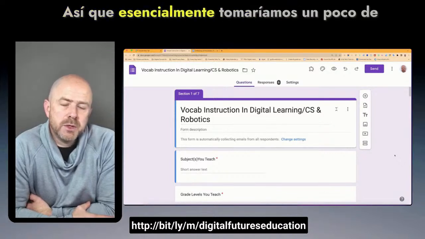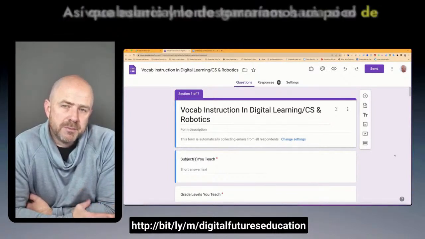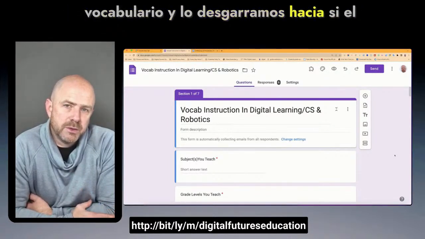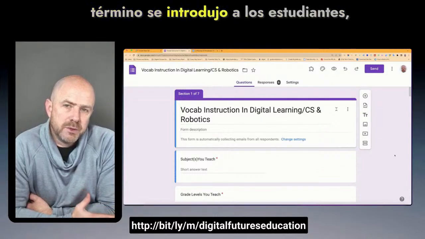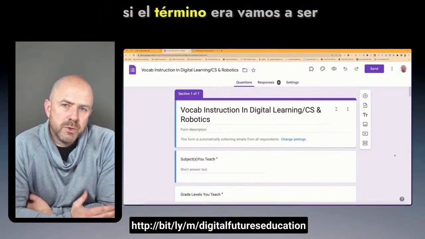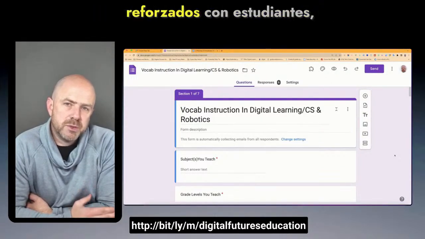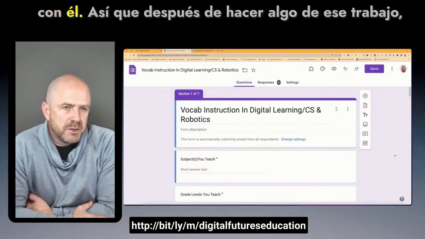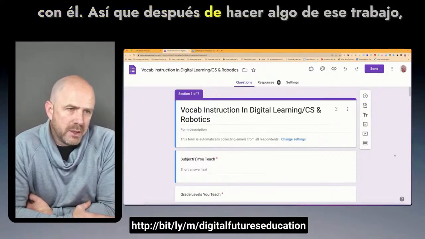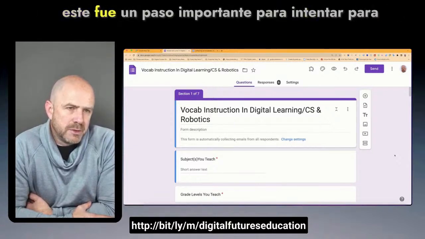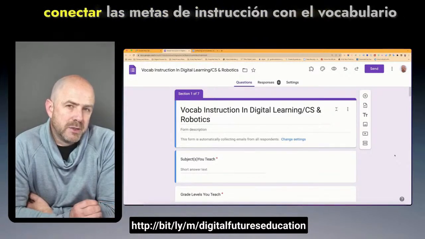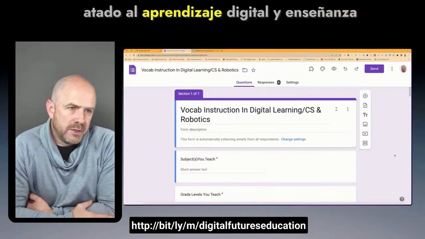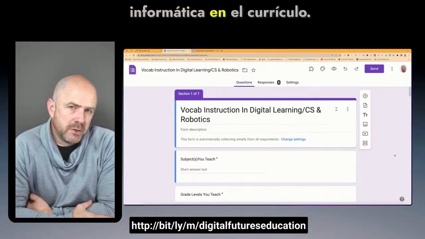Essentially, we would take some vocabulary and tier it towards whether the term was introduced to students, whether the term was going to be reinforced with students, or we were asking students to reach mastery with it. This was an important step in trying to connect the instructional goals with the tiered vocabulary to the digital learning and computer science teaching in the curriculum.